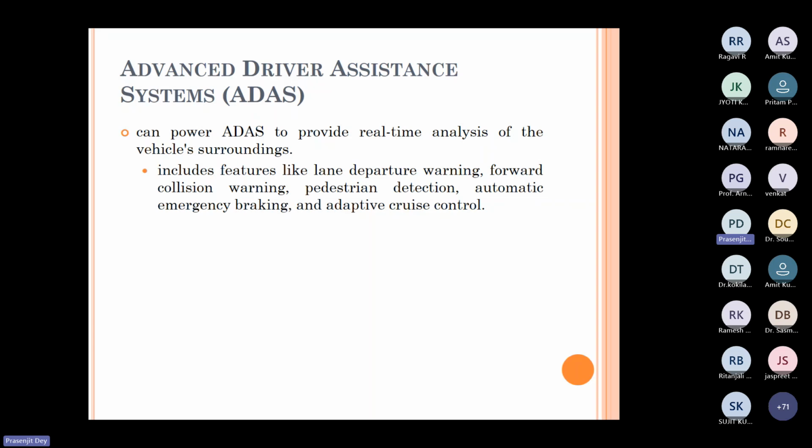All can be detected, and accordingly the car can control itself, like whether it should press the brake or not, whether it should slow down, or whether it should move left or right, to avoid the collision. Those decisions can be made at runtime, on the fly, so that it can avoid any kind of forward collision. Similarly, pedestrian detection, automatic emergency braking, and adaptive cruise control can be achieved.